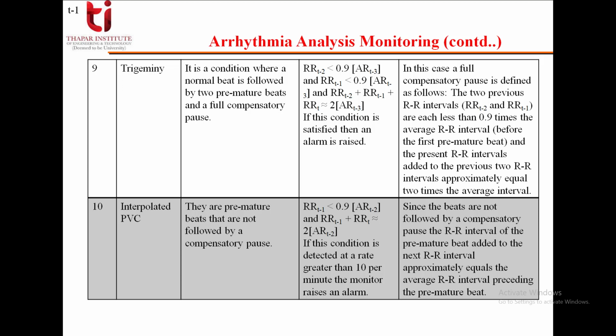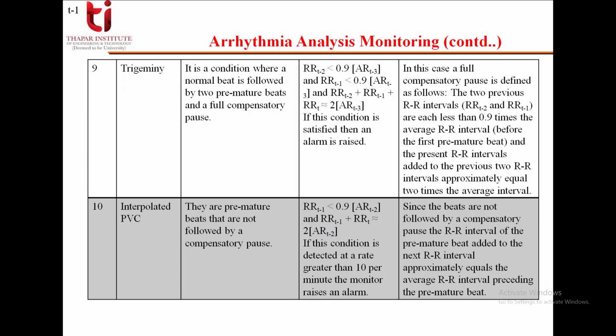If this condition is detected at a rate greater than 10 per minute, then the monitor raises an alarm. Now, since the beats are not followed by a compensatory pause, the RR interval of the premature beat added to the next interval approximately equals the average RR interval preceding the premature beat.